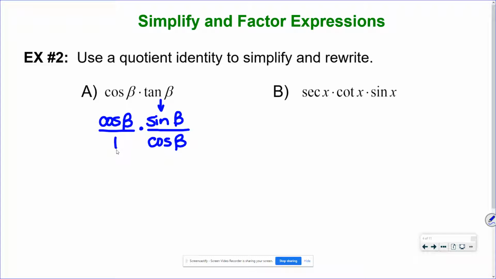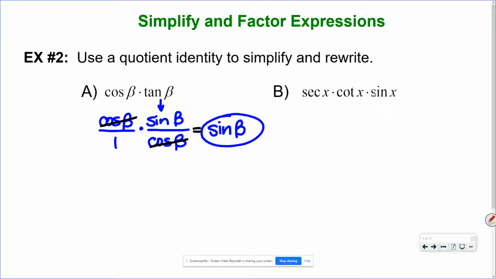So I'll keep cosine the same, and I'll call tangent sine over cosine because that's what it's also equal to. Then I'm going to use algebra to help me rewrite. I'm looking for things that would cancel, like the cosine on top and the cosine on bottom would cancel. That leaves me with a simplified expression. So this would just be equal to sine of beta.